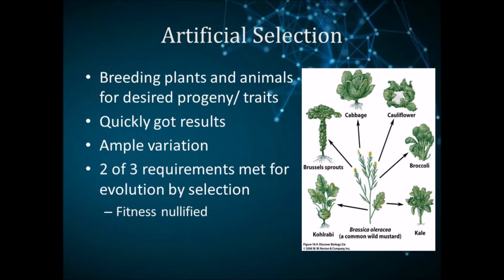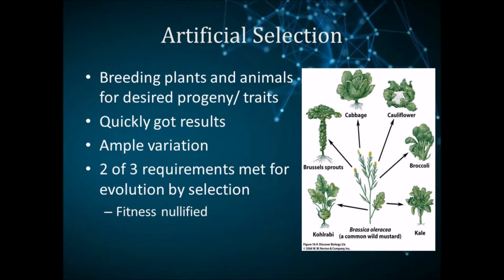Unlike natural selection, artificial selection takes about 0.1% of the evolutionary time required for it to be done naturally in the wild. It also creates much more genetic diversity than seen in the wild, with ample variations in plant or animal color, size, shape, etc. Most importantly, artificial selection only meets 2 of the 3 criteria for evolution by selection.